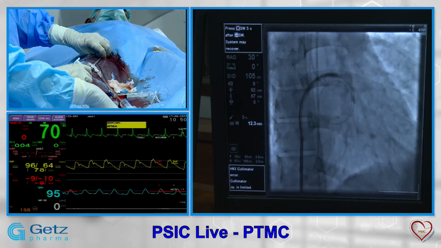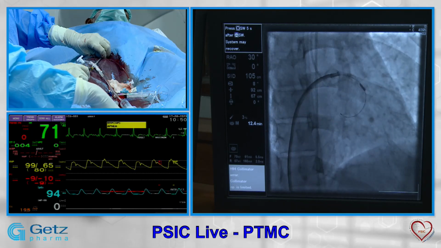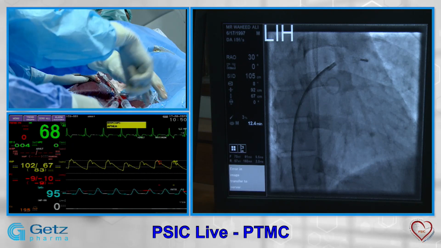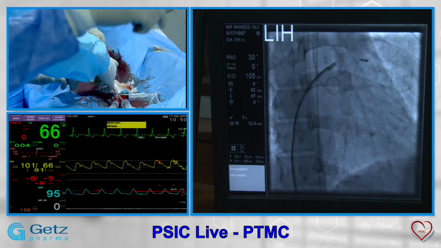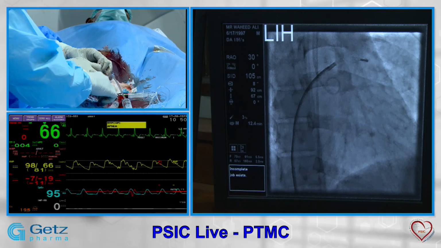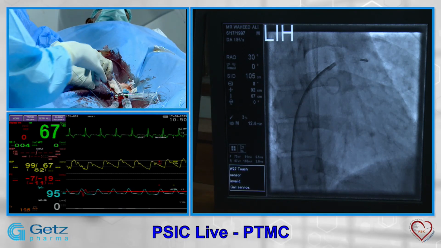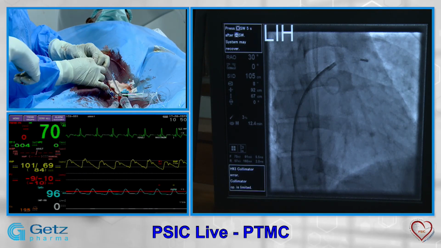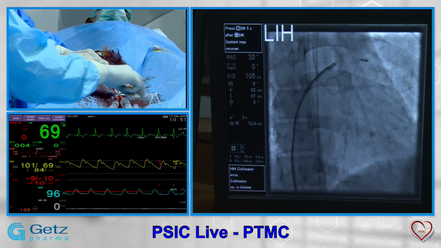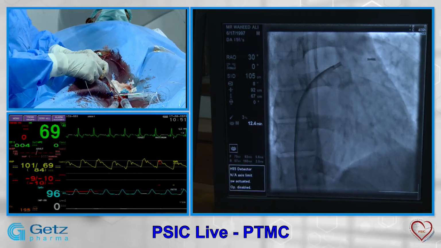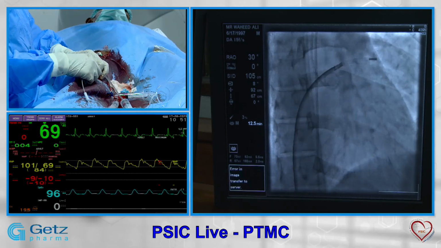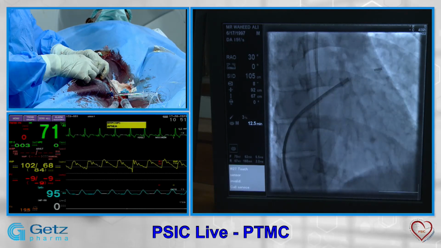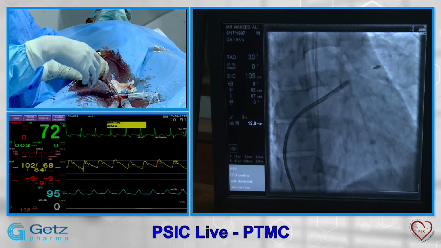Now the wire will come out, it does not need any support. The function of the stellate is not to make it go inside the LV. It will remain in the LA. It will just direct our system towards the mitral valve.